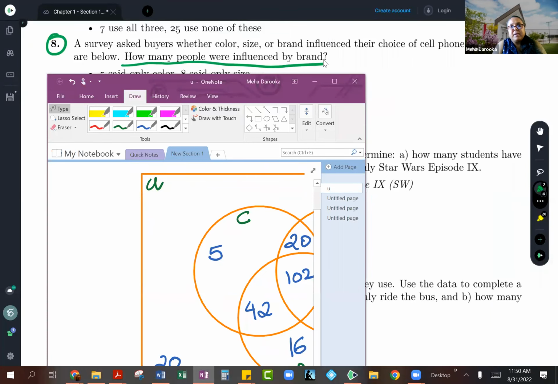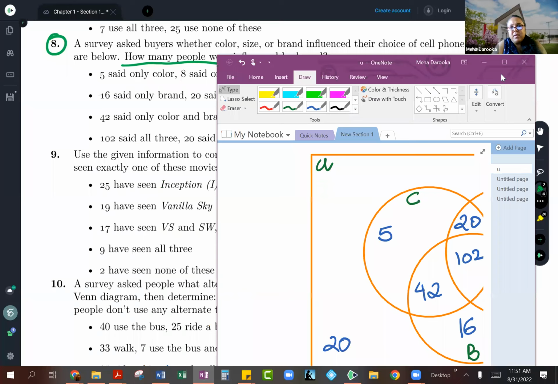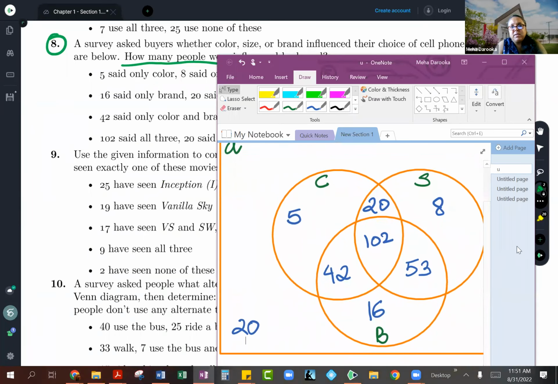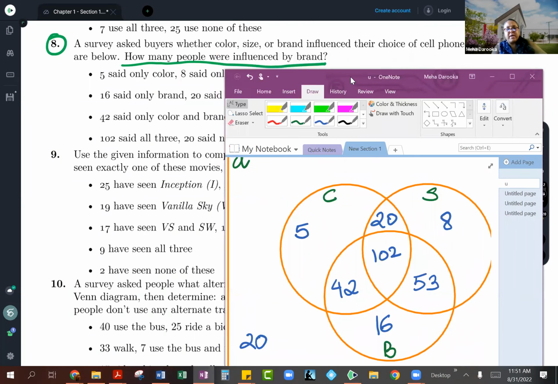Let me see if I can try and get both of them on the same screen. Okay, so if you're sharing your answer, go ahead and send a direct message to me so I can see what numbers you guys are thinking about. How many people were influenced by brand?